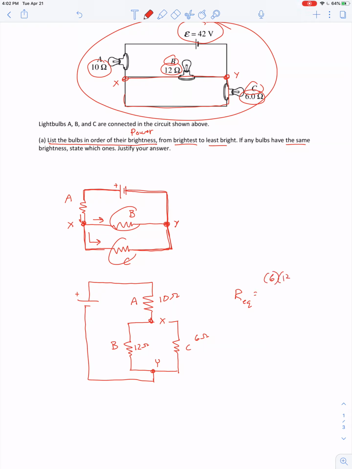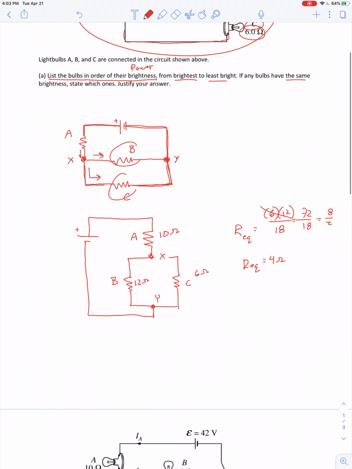So this is 6 times 12 divided by 6 plus 12, or in other words, this is 72 over 18. 72 over 18, those are both divisible by 9, aren't they? So this is 8 over 2, oh, that's 4. I should have seen that. The equivalent resistance is equal to 4 ohms.